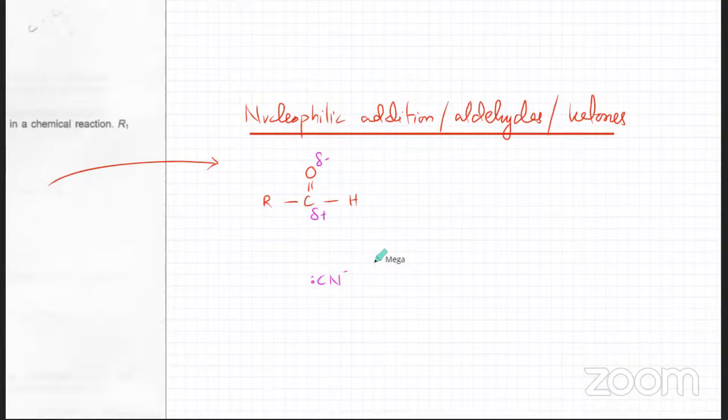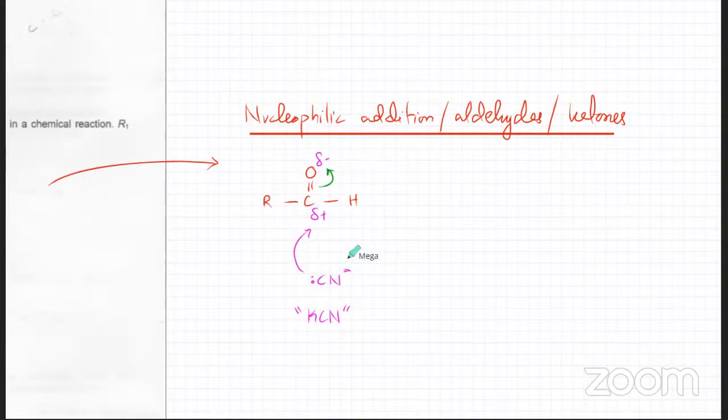So there is attraction to the CN minus, which initially comes from the catalyst. I mean, KCN is the one that initially provides this CN minus nucleophile. So CN minus gets attracted to the carbon positive, and as this negatively charged ion gets attracted, the electrons over here are going to get repelled. Why are they going to get repelled?